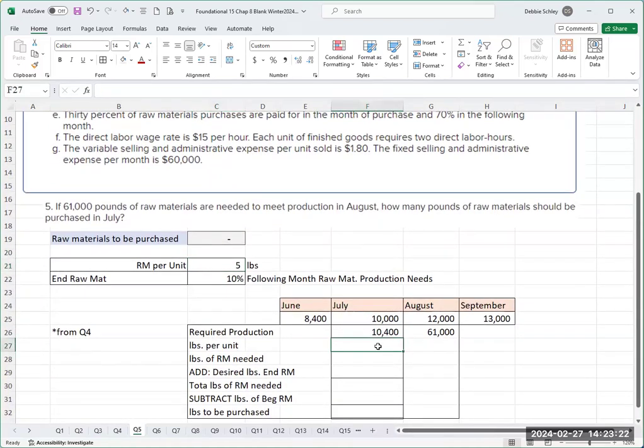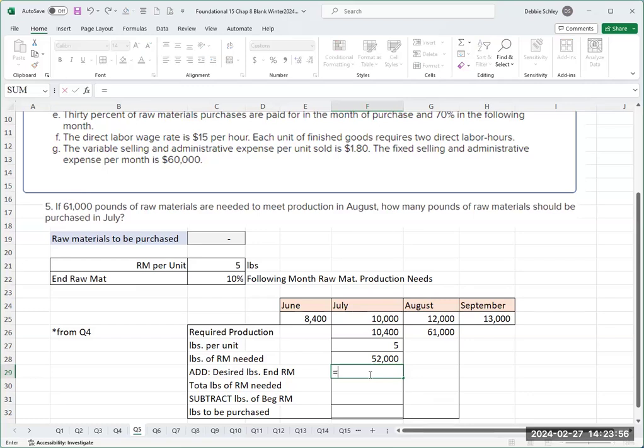How many pounds of raw materials do I need to purchase? So pounds per unit are 5 pounds. So I need 10,400 units times 5 pounds. So for July production, I need 5,200. The desired units of ending raw materials is again 10% of the following month's raw material production needs, which they gave me in question 5.